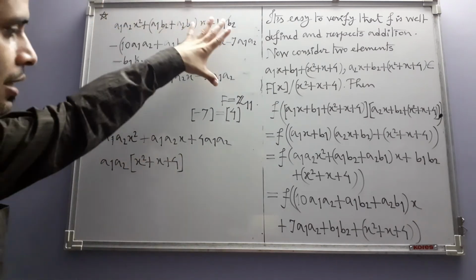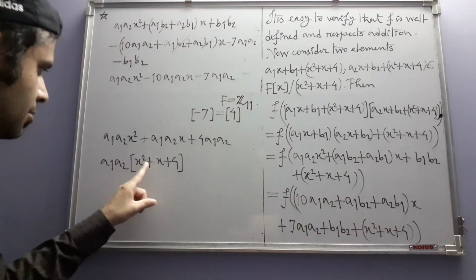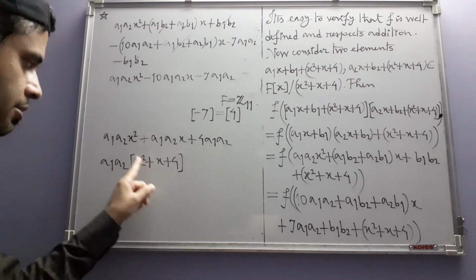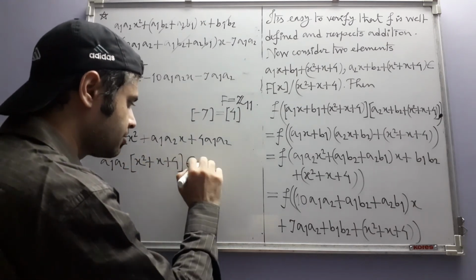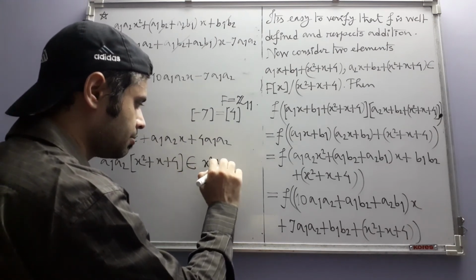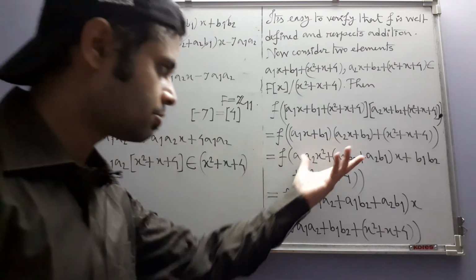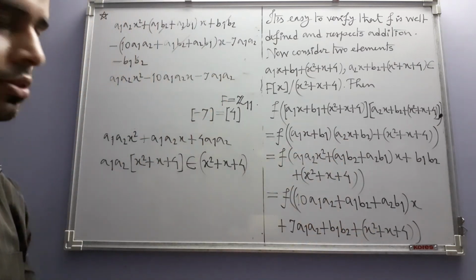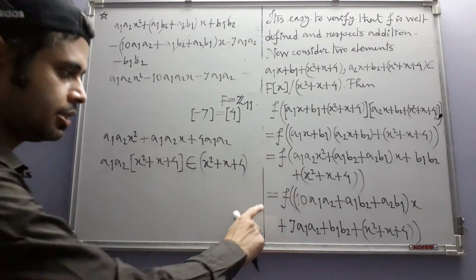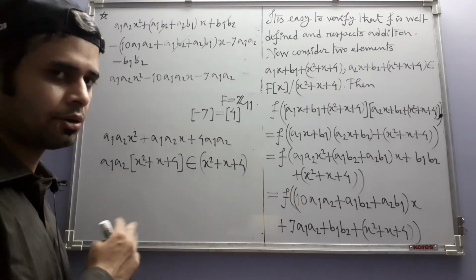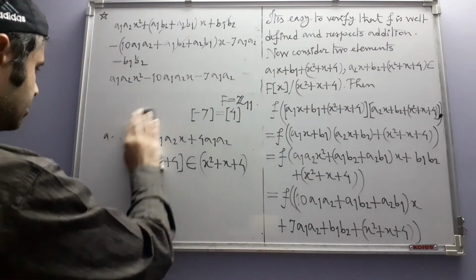So this difference of these two polynomials turns out to be a multiple of this polynomial x square plus x plus 4, and that's why this actually belongs to the ideal generated by x square plus x plus 4, and that is why these two cosets are equal. So we can actually write one in place of the other. So this step is correct. Do you see how the logic goes? Okay, but now we need to continue.